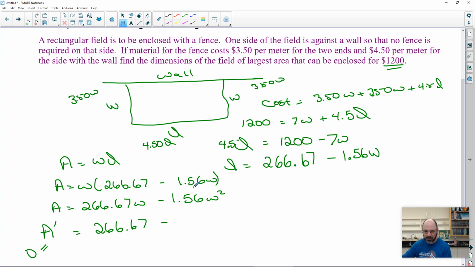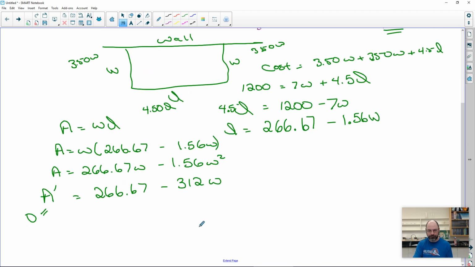1.56 times 2, which would be 3 point, what is that going to be? 3.12, I think. Just better double check it here. Yes, sir, 3.12 W's. Okay, that's our derivative. And if we set it equal to 0, we now solve for W. So this A prime is 0, so we can move the 3.12 over to the other side.